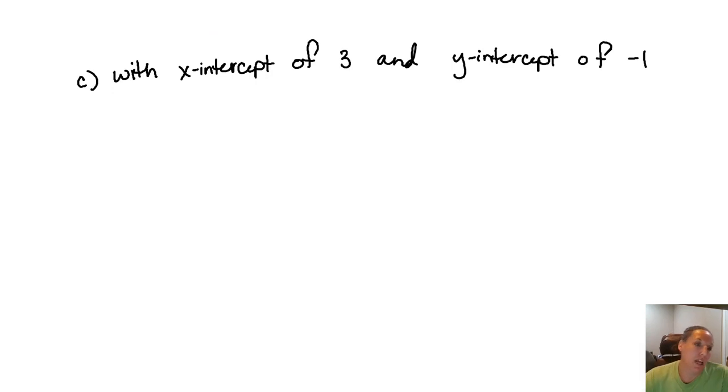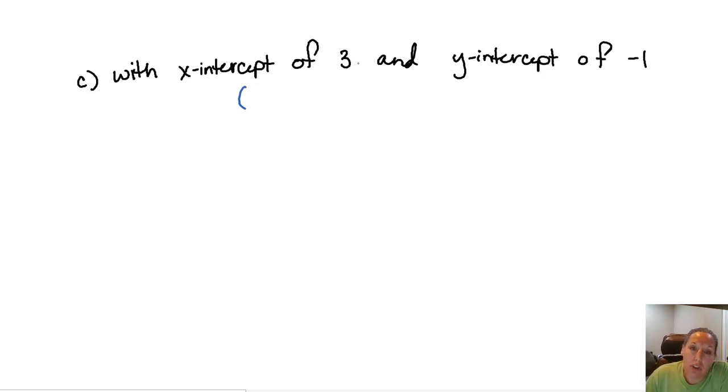All right, our last example here, we are looking for the equation of the line that has an x-intercept of 3 and a y-intercept of negative 1. And this one's very similar to what we did on the last one. We just have to come up with the points. So we know that if it's an x-intercept, that means it is on the x-axis. If it's on the x-axis, the y value will be 0.